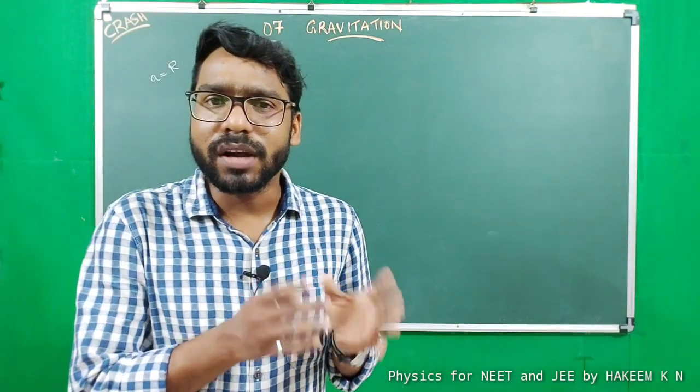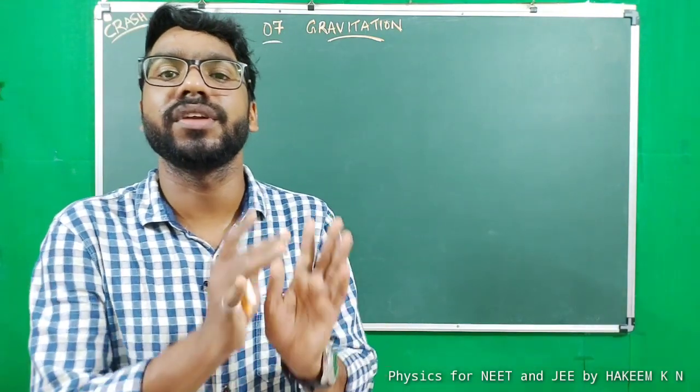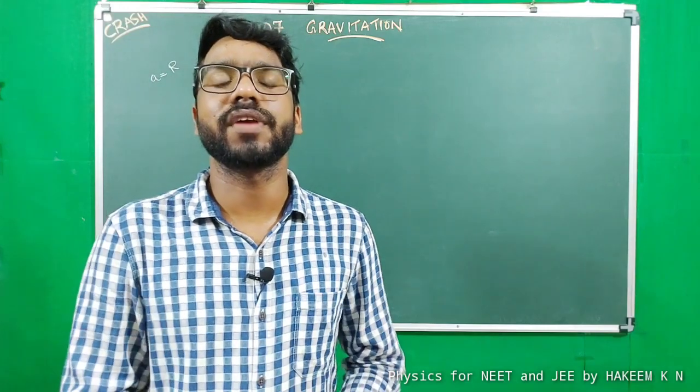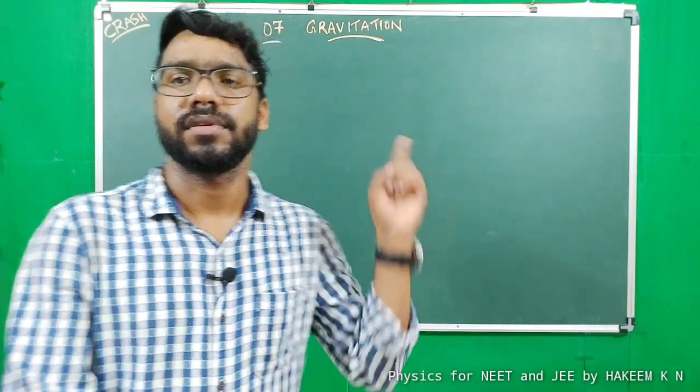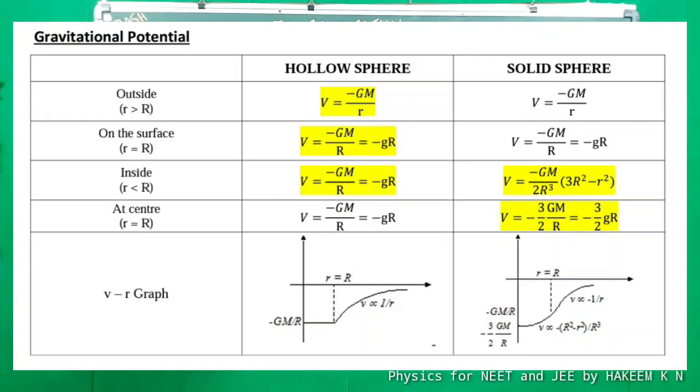Now, what will be the gravitational potential due to a hollow sphere and a solid sphere? Next table. Outside, for both hollow sphere and solid sphere, gravitational potential is minus GM by small r. On the surface, minus GM by capital R. You can write capital GM equal to small g R square, then we will get minus gR.